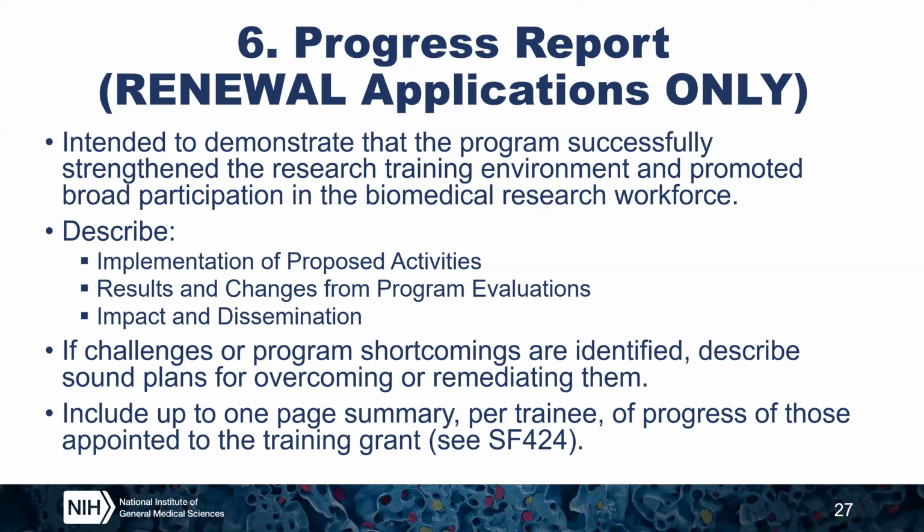If challenges or program shortcomings were identified, describe sound plans for overcoming or remediation of them. Include up to 1-page summary per trainee of progress of those appointed to the training grant. And here we encourage you to see the SF424 for guidance.